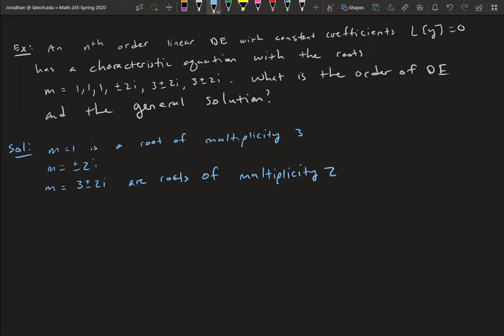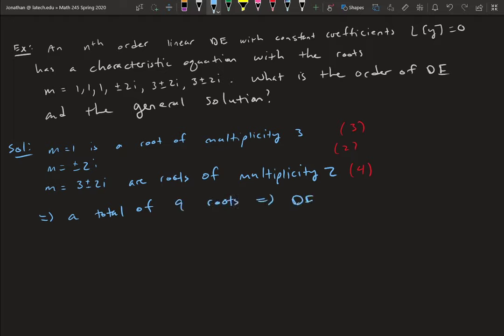Basically, how many times does it appear as a root? So here we've got 3, here we've got 2, and here we've got 4. So this is a total of 9 roots.